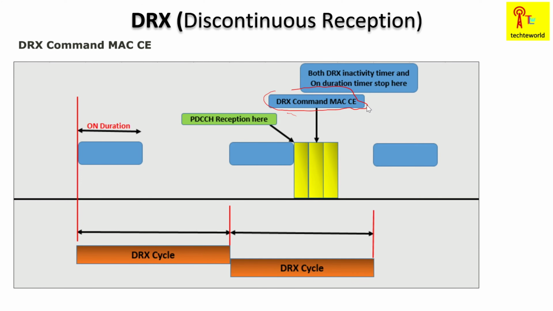This is also a kind of saving the UE's battery, a more efficient way, because if the UE is not receiving anything, there is no use in letting the DRX inactivity timer or on duration timer go on. Hope this point is also clear.